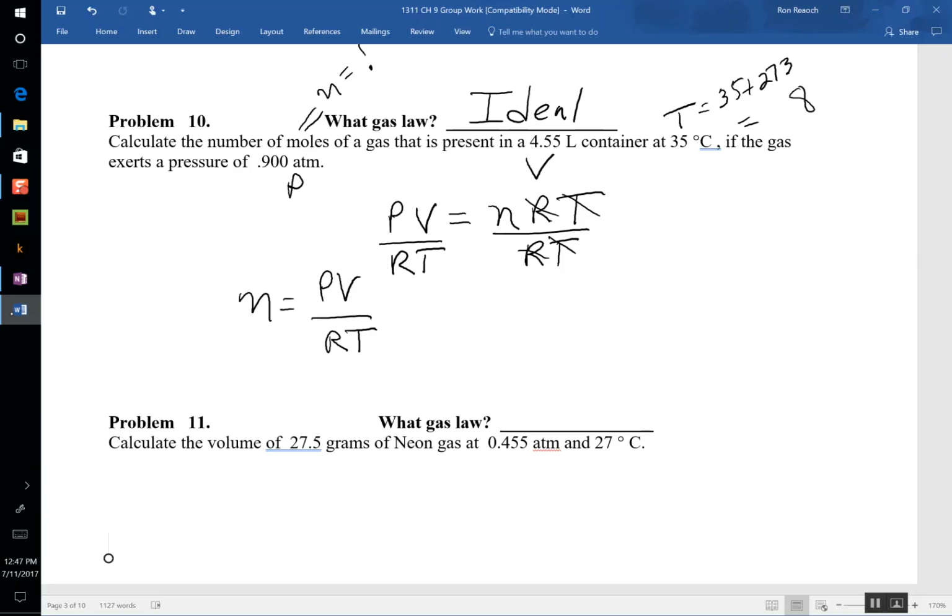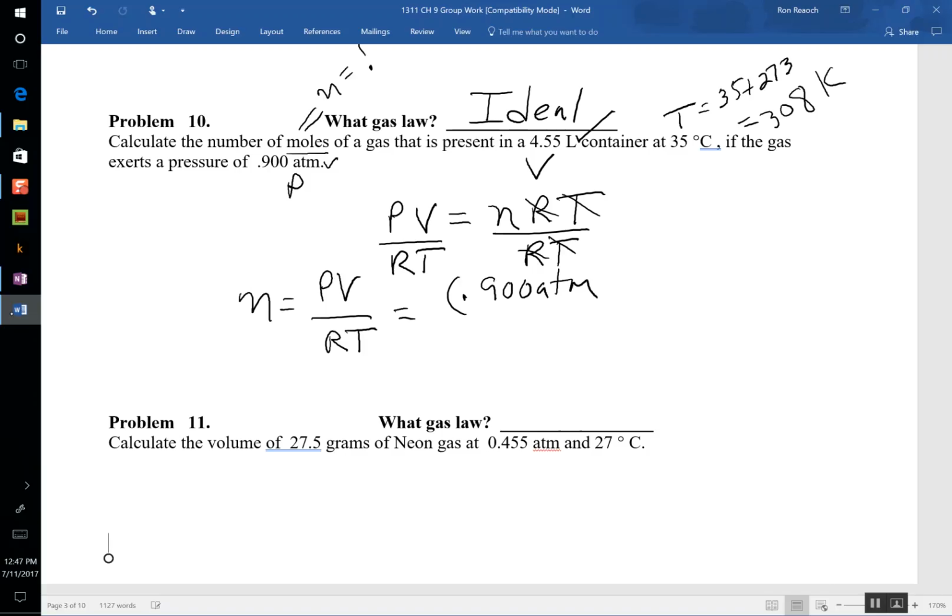So what is that? 308 Kelvin. So we got 308 Kelvin. We have pressure in atmospheres, that's good. We've got volume in liters, that's good. We've converted our temperature to Kelvin, and we are being asked moles, which is what the ideal gas law can calculate. So I got 0.900 atmospheres.